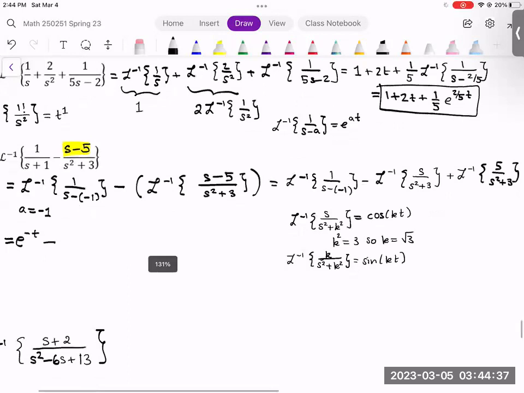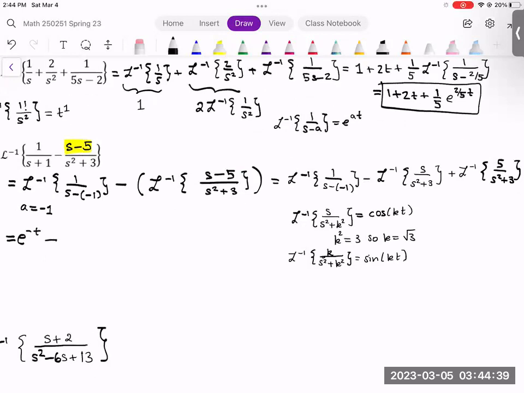All right. So this gives us e to the negative t from the first term, minus cosine of square root of 3 t. And then, so what's going on here? Up top, for the sine term, we want to see a square root of 3. But we've got a 5, unfortunately. So I'm going to just pull out the 5 and multiply in that square root of 3 I want on top.